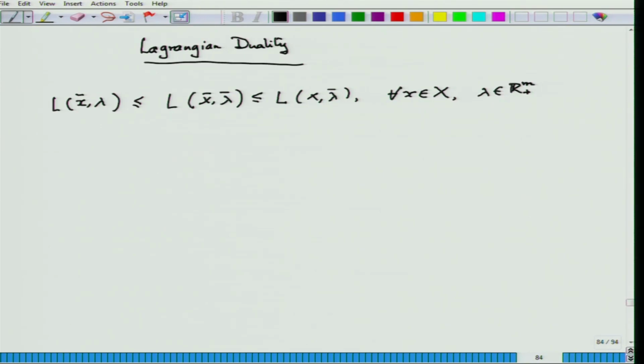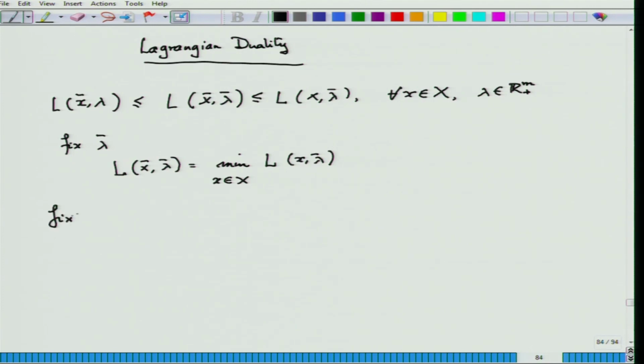Now, if you look at it, there are two aspects of this. If I fix lambda bar, then L(x bar, lambda bar) is the minimum value over x of L(x, lambda bar).